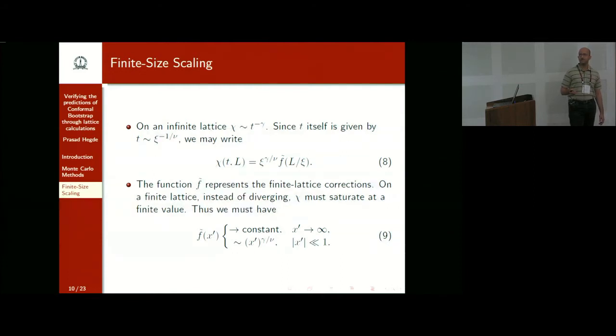Susceptibility on a finite lattice is given by this leading power law behavior times a function. This function accounts for finite lattice corrections. I write something which is actually a function of L comma psi, as L by psi is in some sense an RG prediction. It says that close to criticality, all scales are set by this correlation length xi.